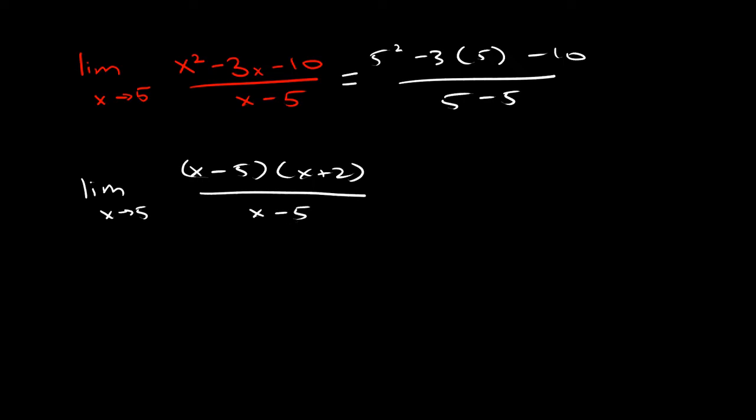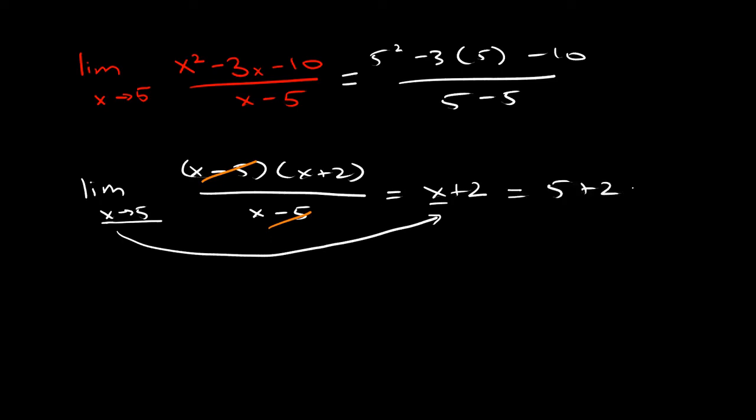Okay, we can cancel out stuff now. This cancels out, so we're just left with x plus 2. So limit x approaches 5, x plus 2. Yeah, I think we could just move this 5 into the x. This is just equal to 5 plus 2, which is equal to 7.